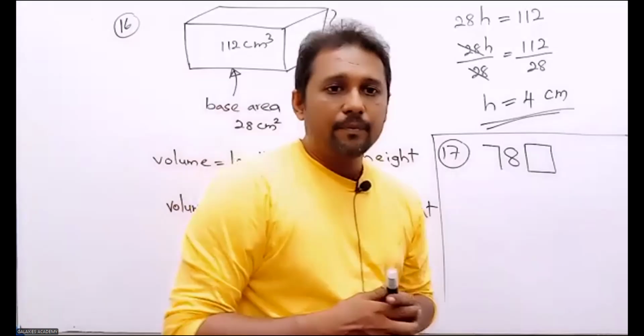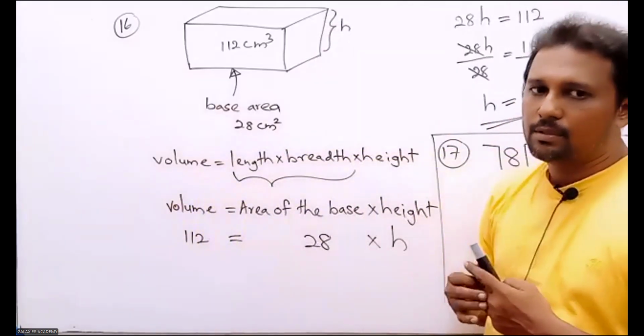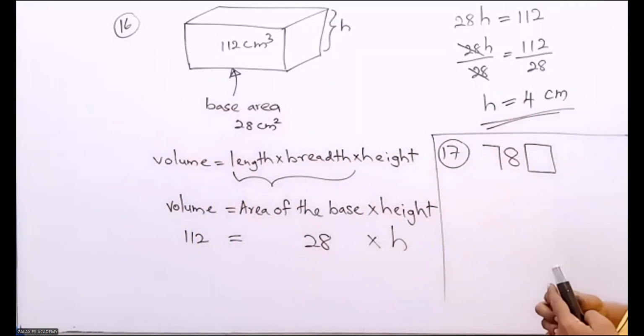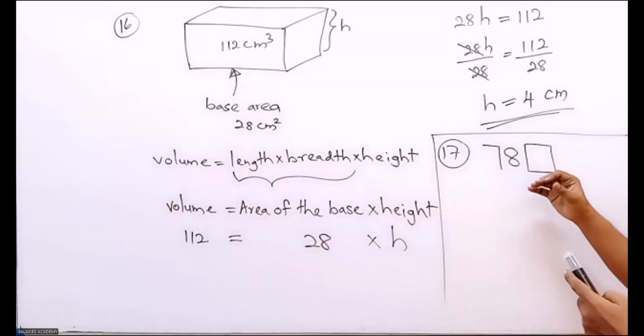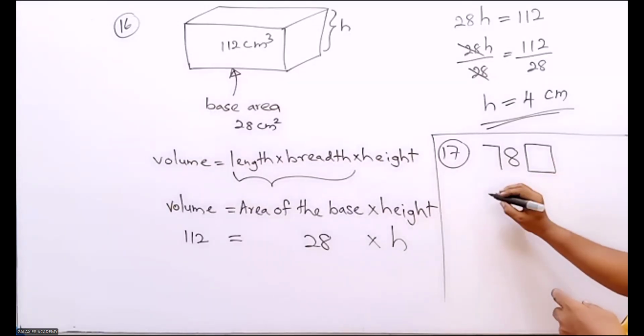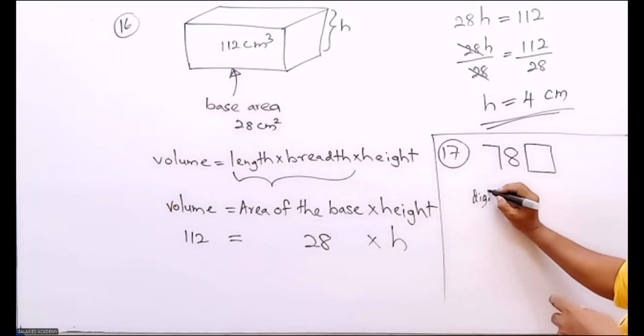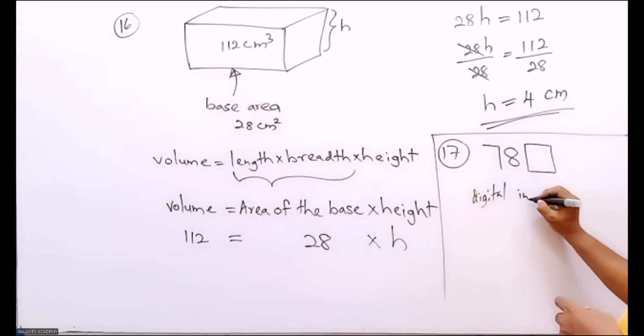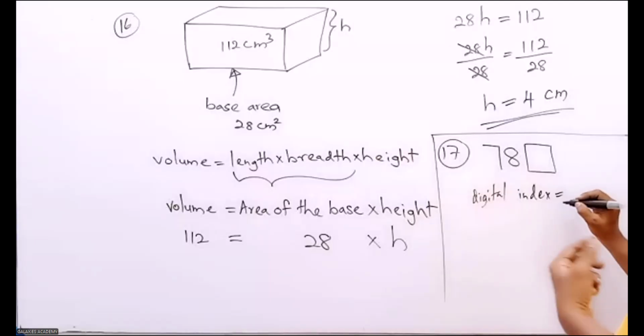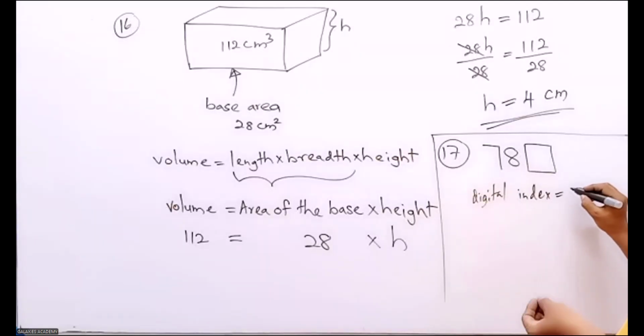What should be? The digital index should be divisible by 3. That means digital index should be 3, 6 or 9.